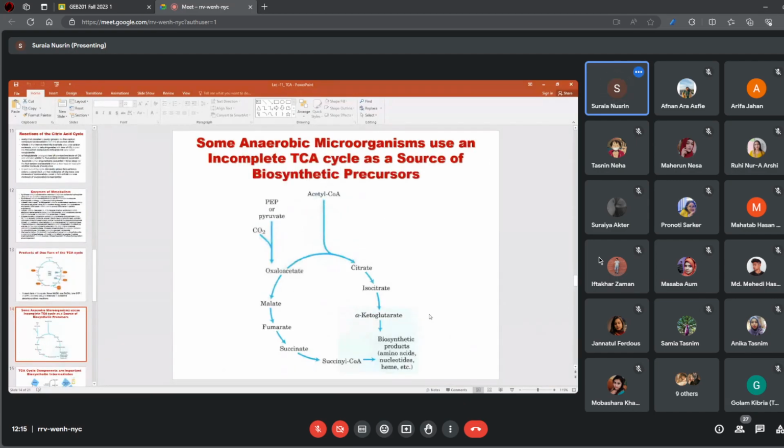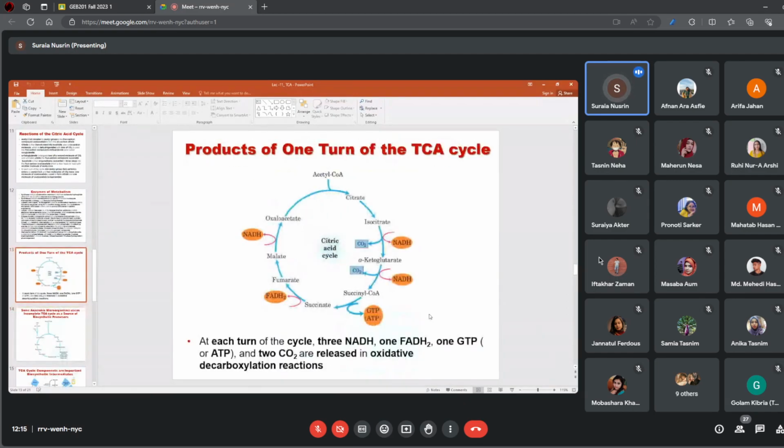And next one. These TCA cycles are the ones actually occurring in living organisms, usually those living in an oxidative environment.